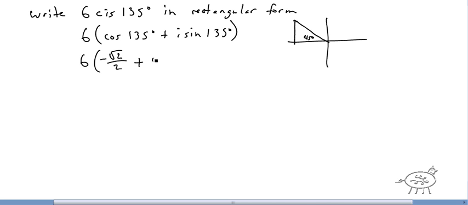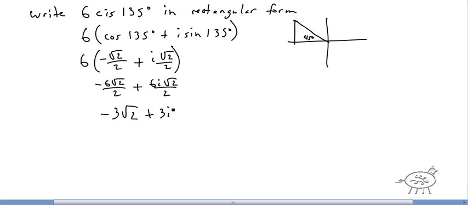And plus i, and then sine of 135, if sine of 45 is also root 2 over 2, sine's positive here, so it's positive root 2 over 2. I'm going to distribute that 6, so I get negative 6 root 2 over 2 plus 6i root 2 over 2. Simplify it, I get negative 3 root 2 plus 3i root 2. And there you go. That is rectangular form.